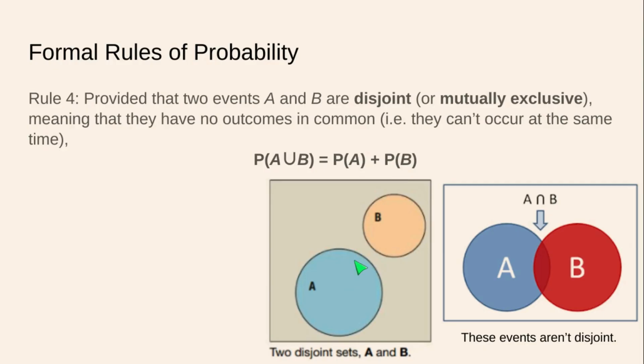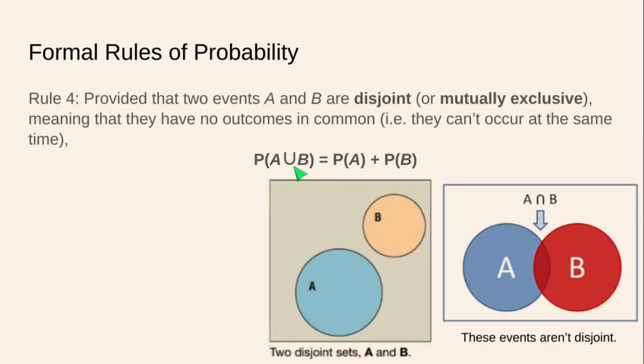Here we can see a picture of what disjoint sets would look like. And here are events that are not disjoint. There is a bit in the middle that overlaps, and we would refer to that as the place where A intersects with B, all right?